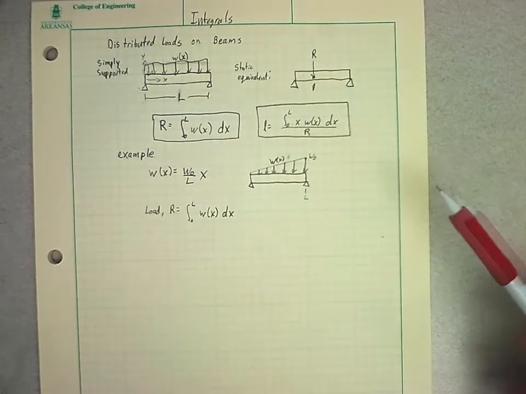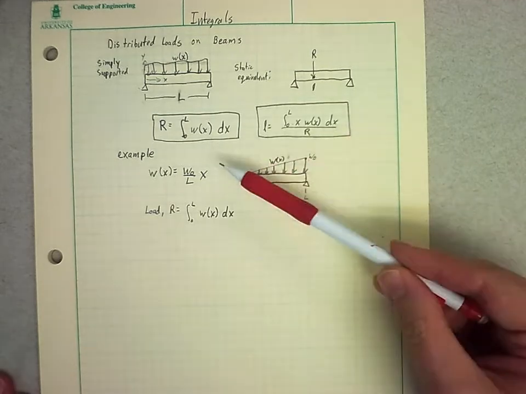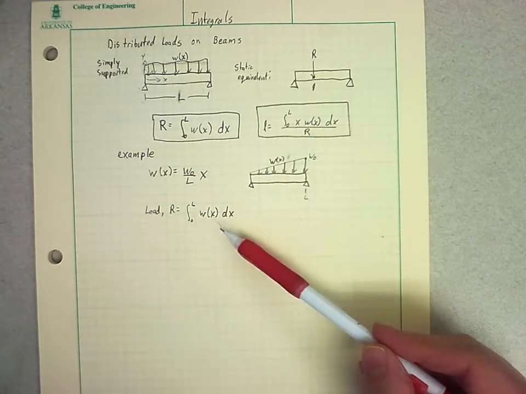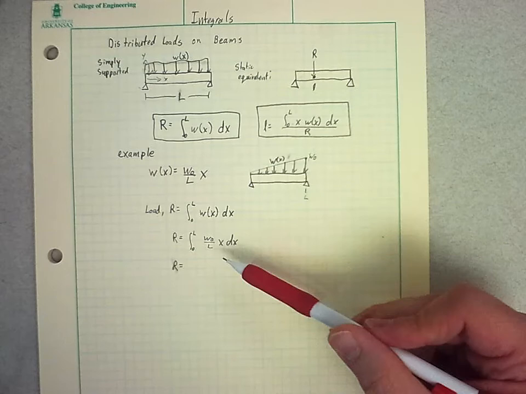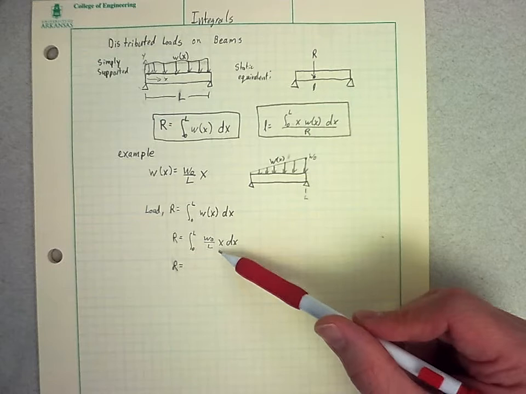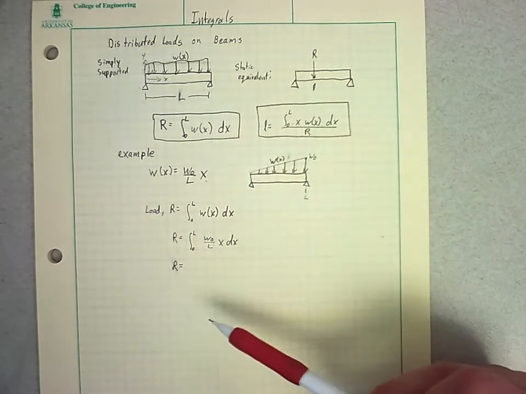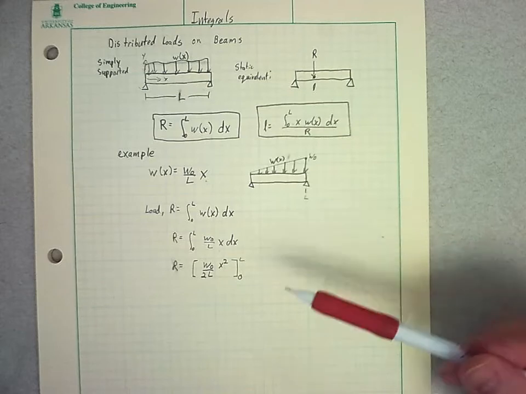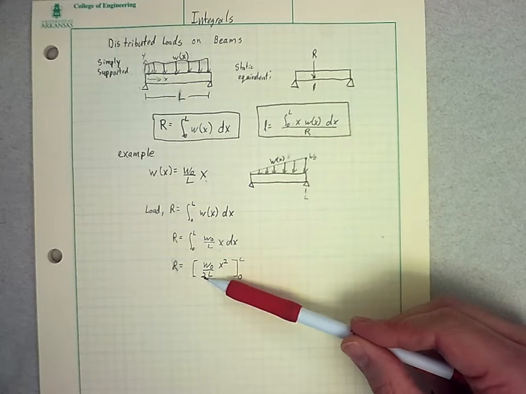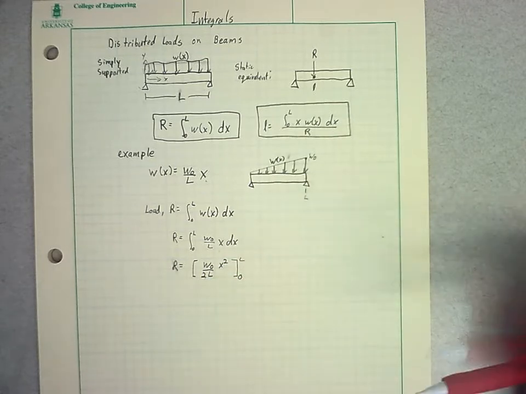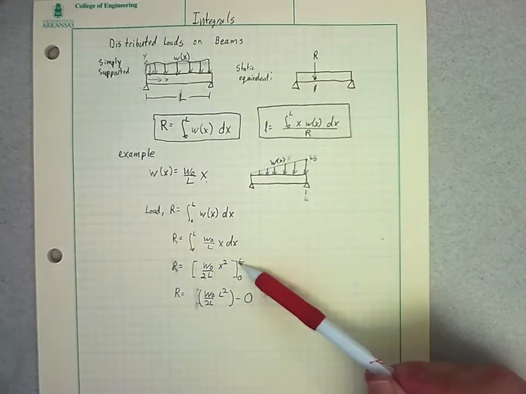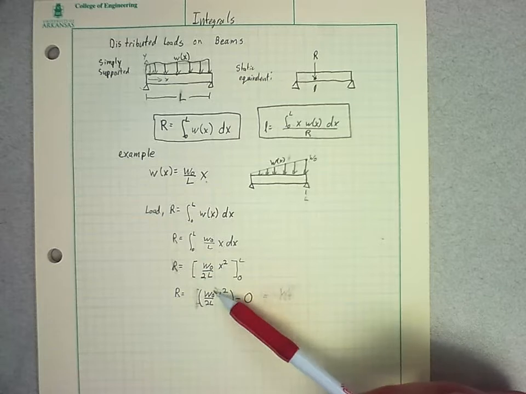So let's use our equation. First we're going to figure out what the load is, because we know we need it in the denominator anyway. We might as well solve it first. Remember, it's the integral from 0 to L of W(x) dx. We'll plug in our function, W0 over L times x, which was our function right here. Then we'll get the antiderivative. Nice and simple, since we only have one term, raise the power to 2, divide by the new power, which is 2. Plug in our limits. We plug in our values: L squared with the coefficient up front.